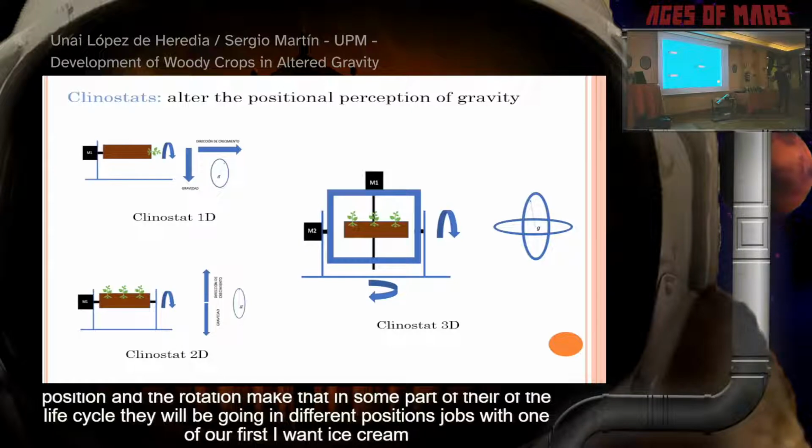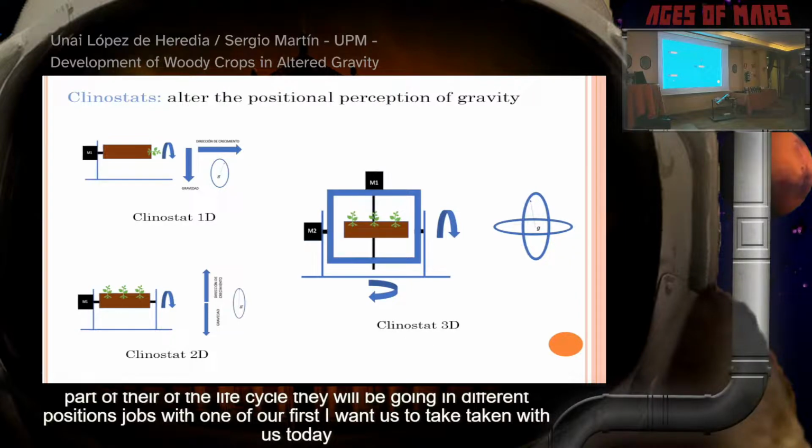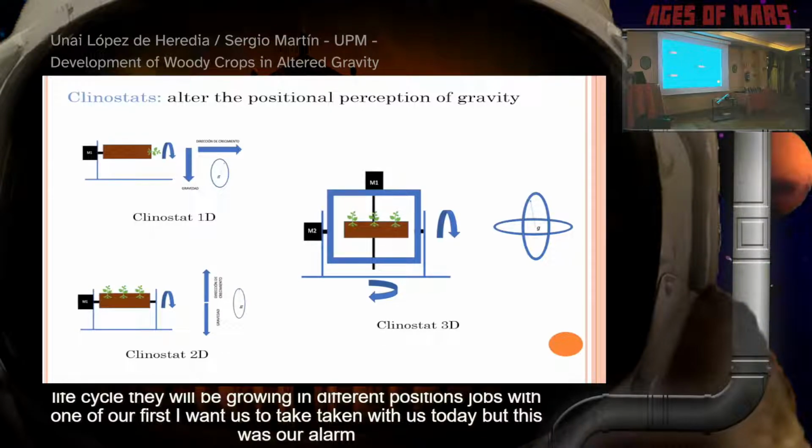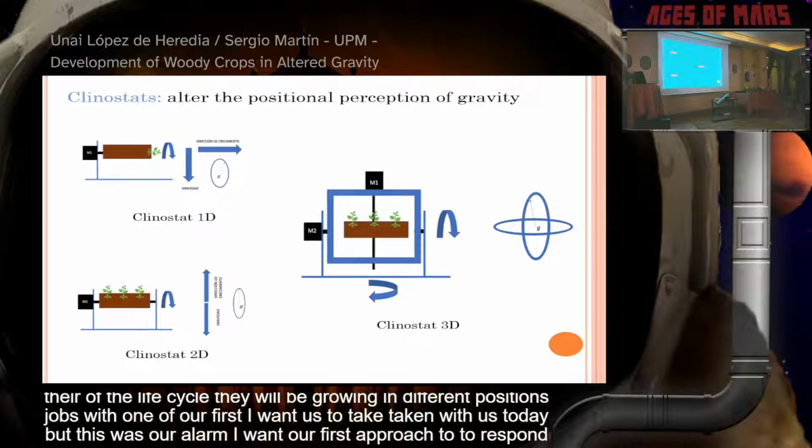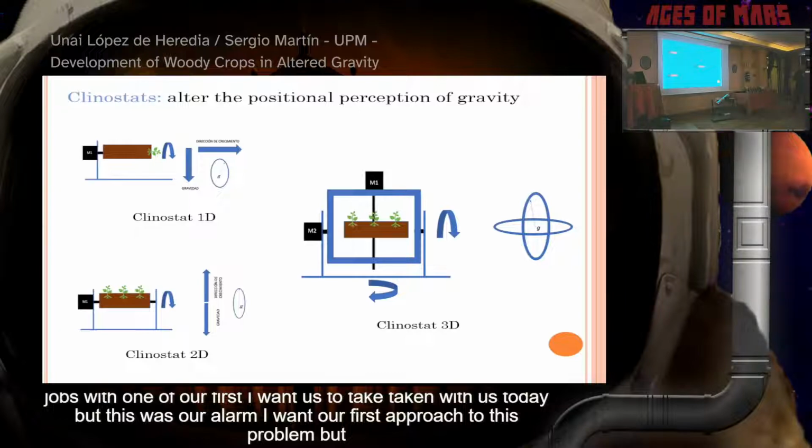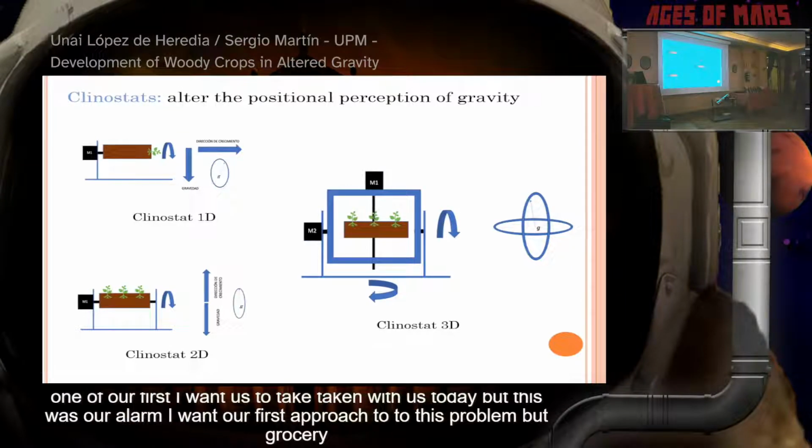This is the first thing we constructed. We haven't taken it with us today, but this was our first approach to this problem. But Sergio here constructed a 3D clinostat.